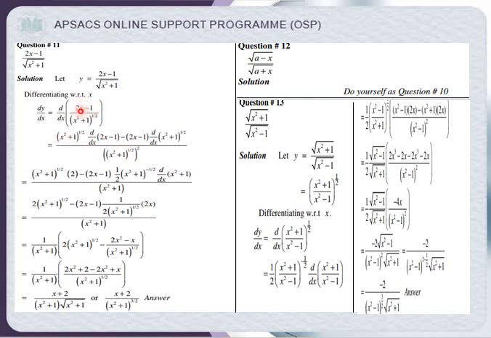What is the derivative of u? I just put the operator, minus u times the derivative of v. And what is the formula? v square, v times u derivative minus u times v derivative.